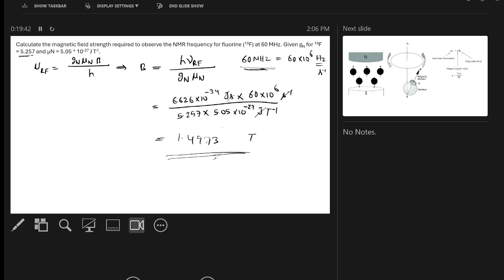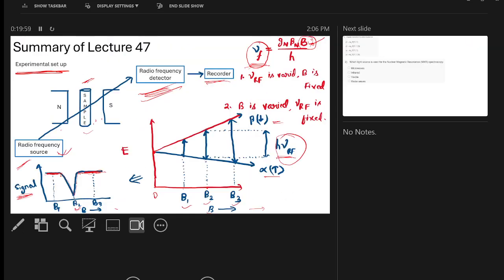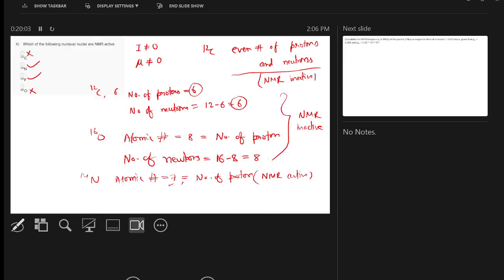Later we will see on what factors these things depend. So here we understood what radio waves we require for transition and what magnetic field we require. We read two different conditions here, and based on these two conditions, we try to solve a few problems.